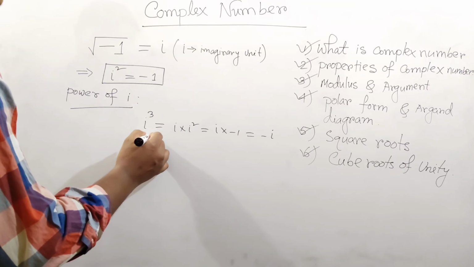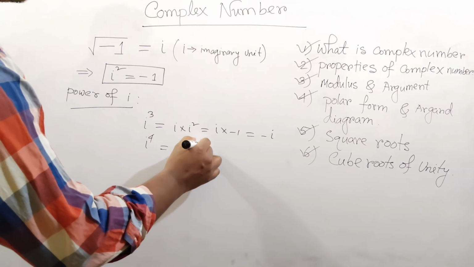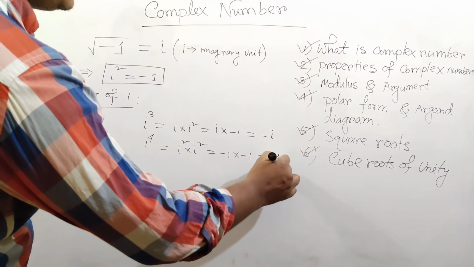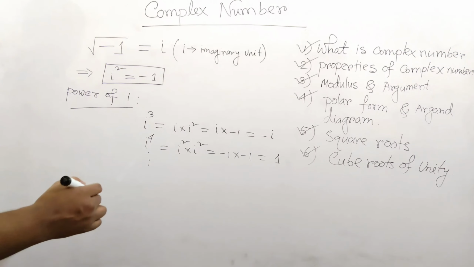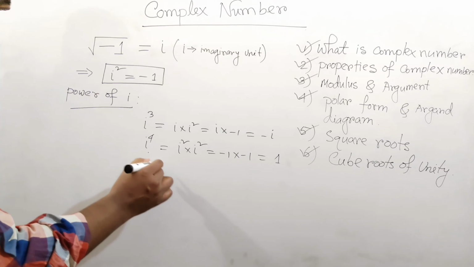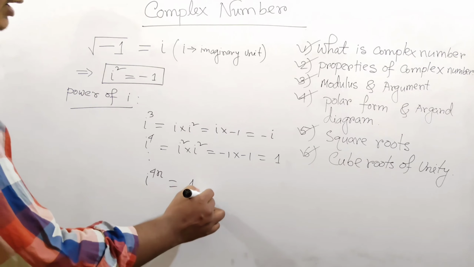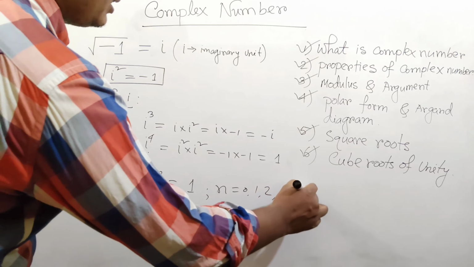If it is i to the power 4, that means i squared multiplied by i squared, that is -1 multiplied by -1, which is +1. In that way you can write a general form: if the power of i is 4n, then you can easily write it as 1, where n equals 0, 1, 2 and so on.